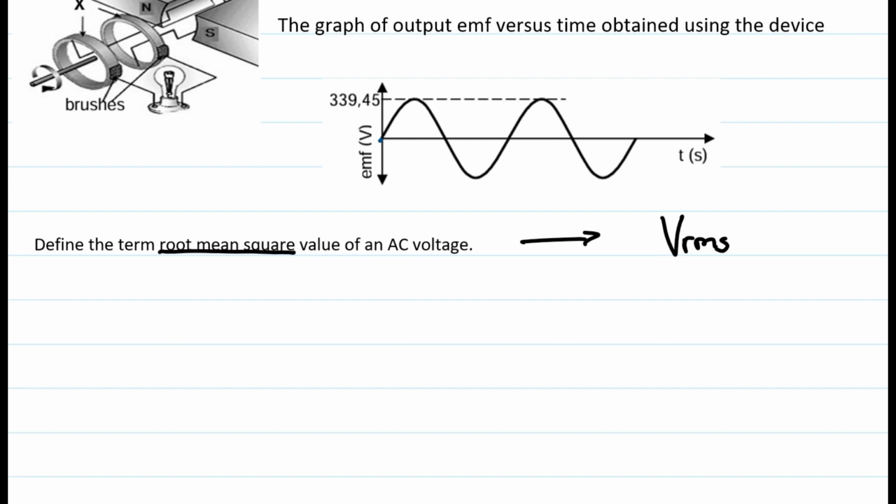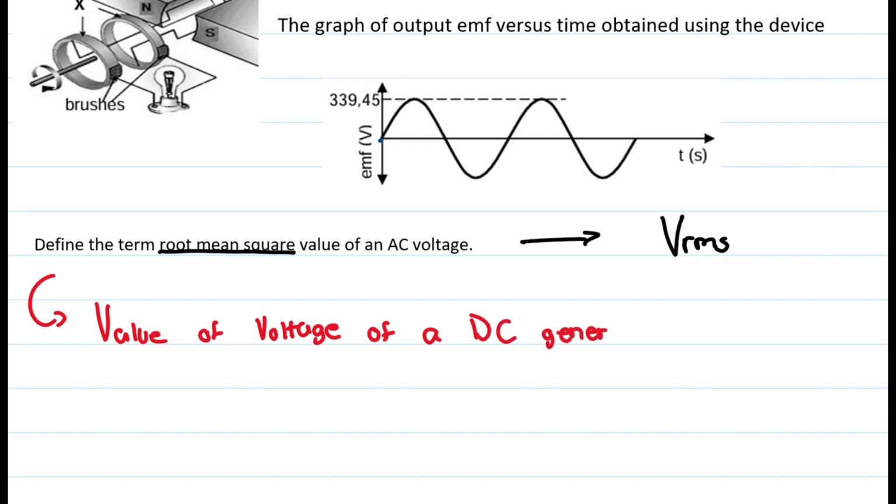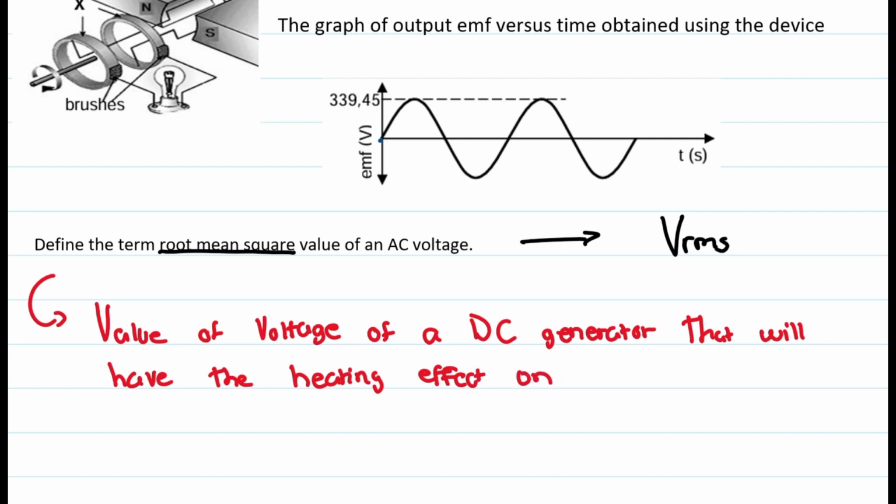So how do we define this? The root mean square of an AC voltage is the value of voltage of a DC generator that will have the same heating effect on an AC generator.